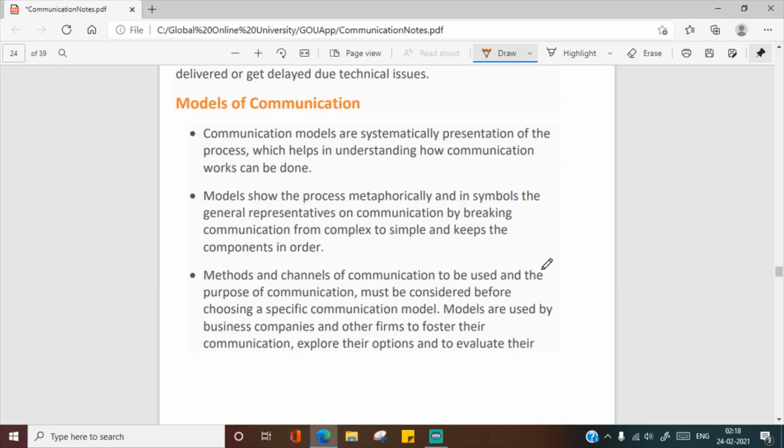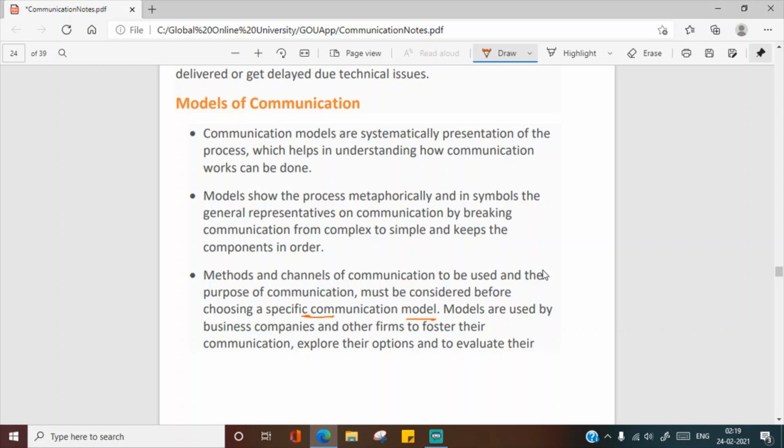A communication model shows the process metaphorically and in symbols, a general representation of communication, breaking it from complex to simple. Methods and channels of communication to be used, and the purpose of communication, must be considered before choosing a specific communication model. We'll talk about that.